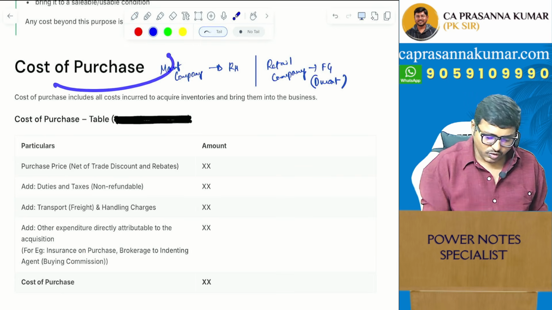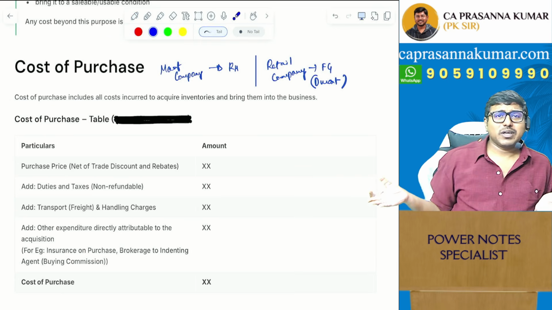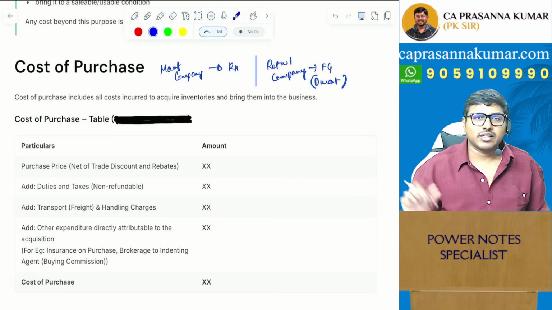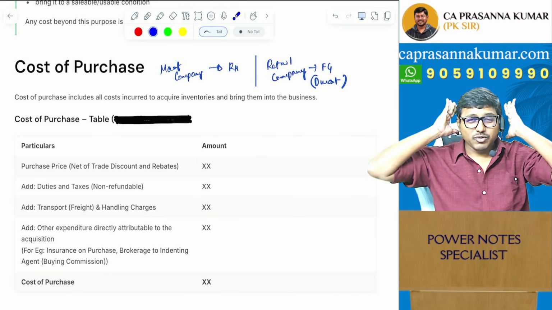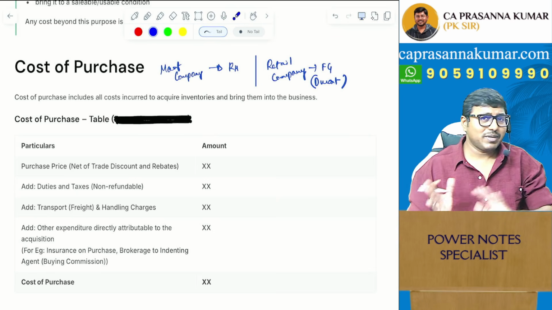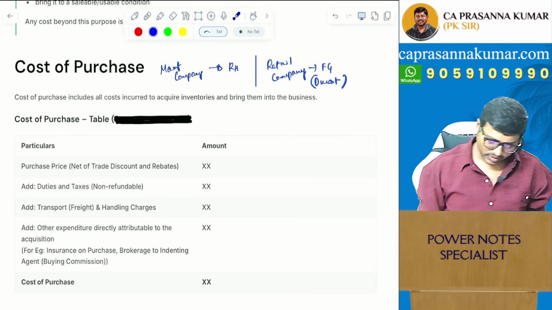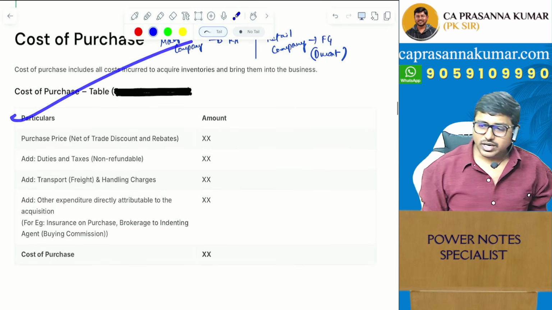In that case also you'll be purchasing, but there you're not purchasing raw material. You're purchasing finished goods and then reselling them. So when I'm talking about cost of purchase, whether I'm talking about raw materials or finished goods, it depends upon what kind of company you're running. Clear?